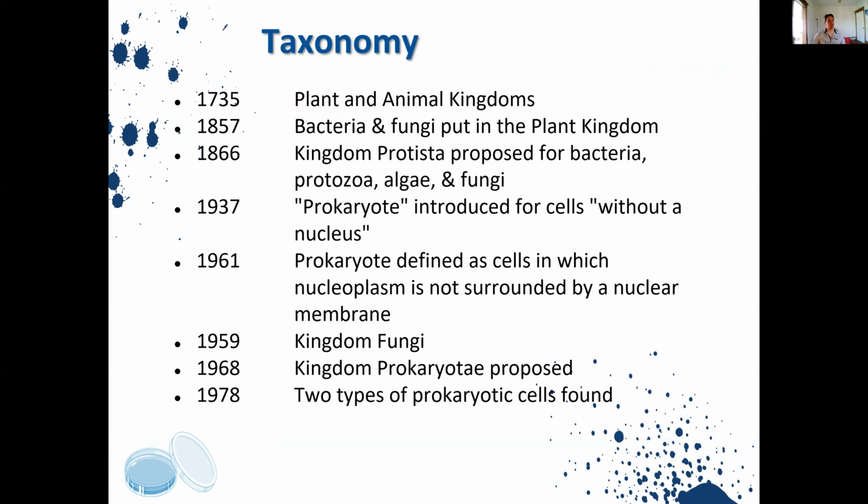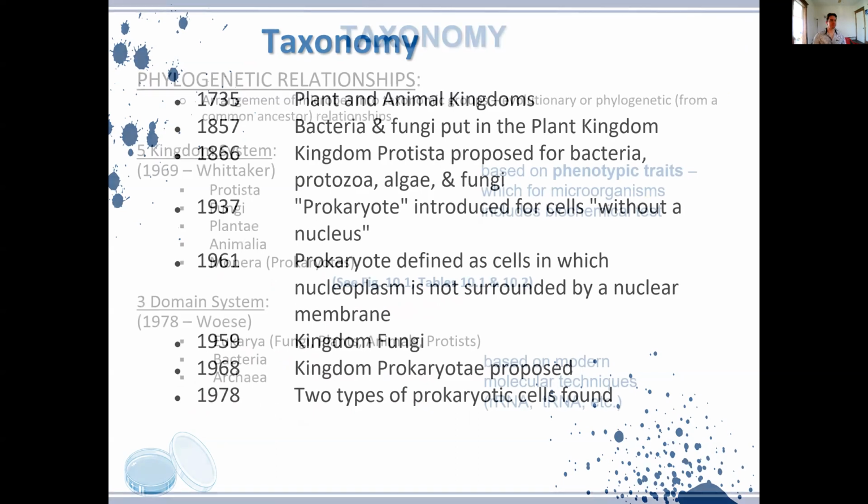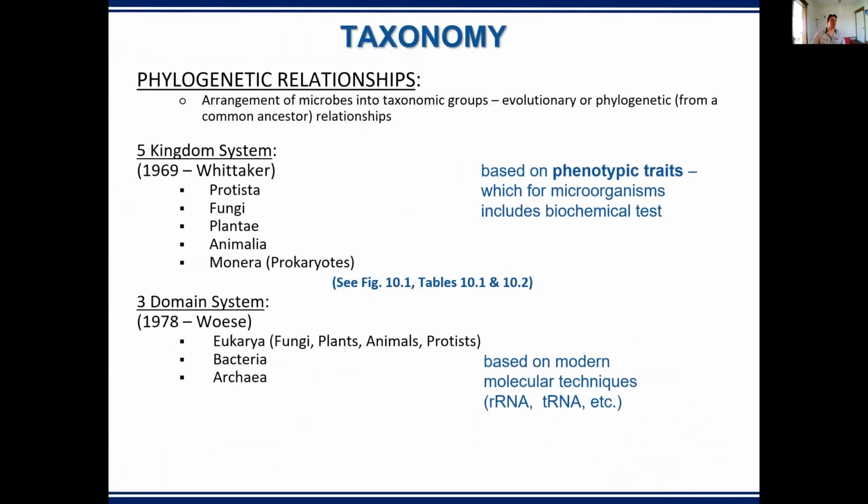Then in 1837, the prokaryotes were introduced for cells without a nucleus. That definition was then changed in the 1961s to include cells in which nucleoplasm is not surrounded by a nuclear membrane. In 1959, we saw the introduction of the kingdom of fungi. In 1868, the kingdom prokaryotes was proposed. And then in 1978, two types of prokaryotic cells were found.